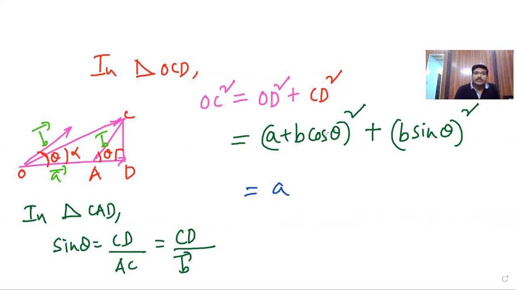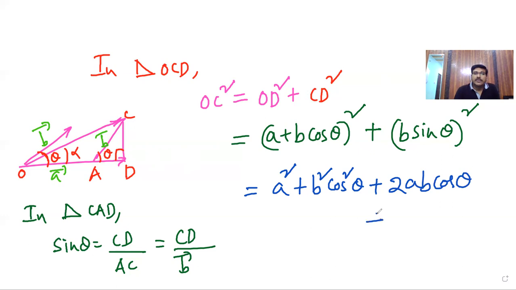A plus B whole square is A square plus B square cos square theta plus 2AB cos theta, plus B square sin square theta. Now, OC is nothing but F here, so F square is equal to this.